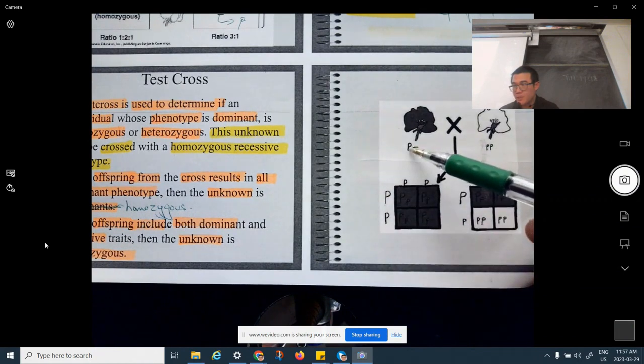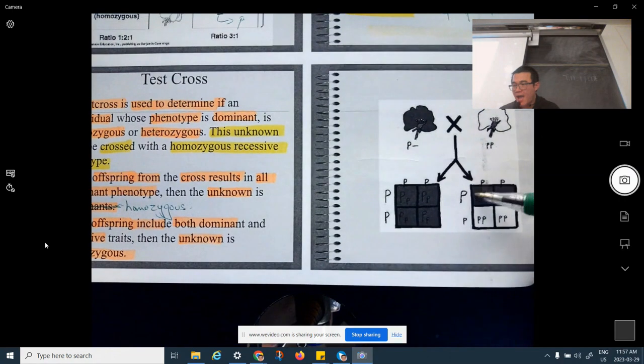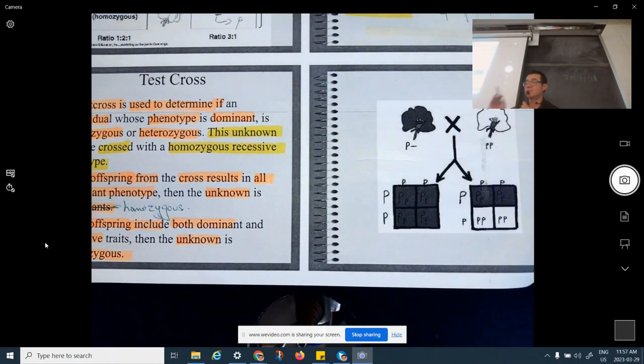If this is one big P and one small p, so it's heterozygous purple, half the offspring should be purple, the other half should be white. Does that make sense? This will make more sense when we start doing Punnett square problems. It will be quite clear.